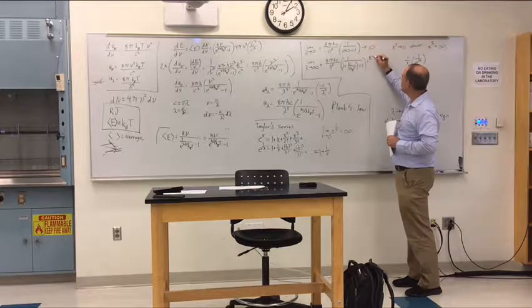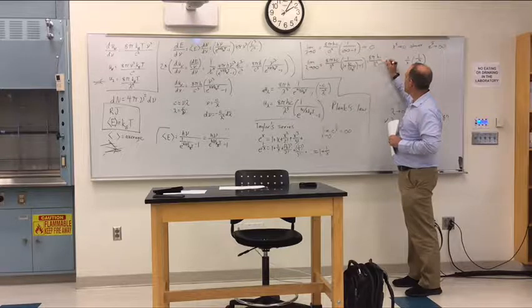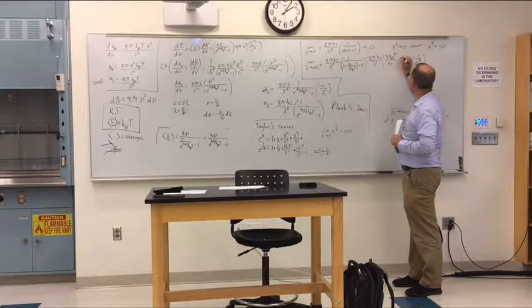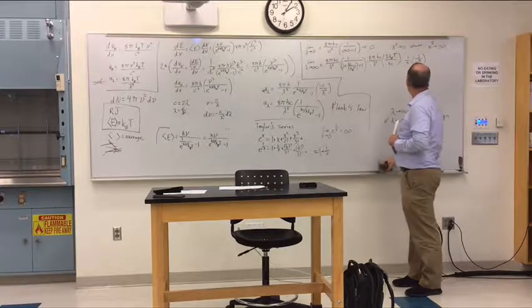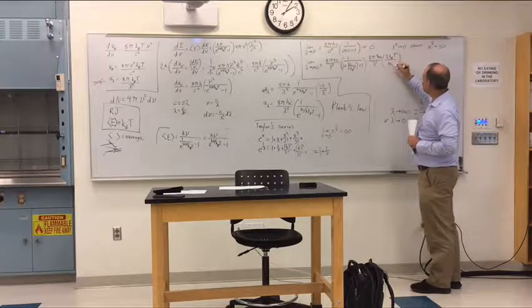So this is 8 pi hc over lambda to the 5th power times lambda kBT over hc. The hc's cancel out.